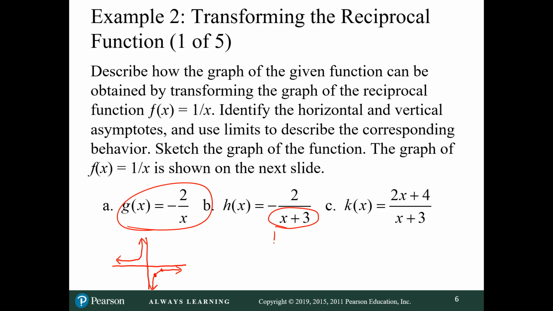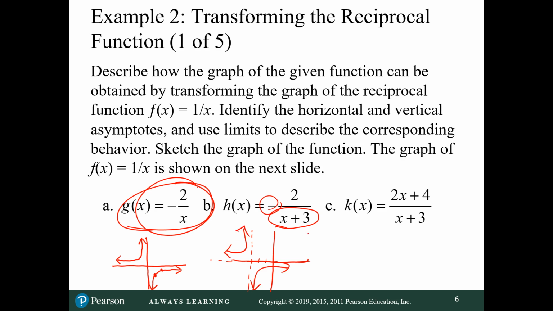Negative 3, right? Negative 3. So we just take this graph and move it over 3 to the left. 1, 2, 3 to the left. There's our vertical asymptote. We have a horizontal asymptote. Since there's a negative in front, it's like this and like this.